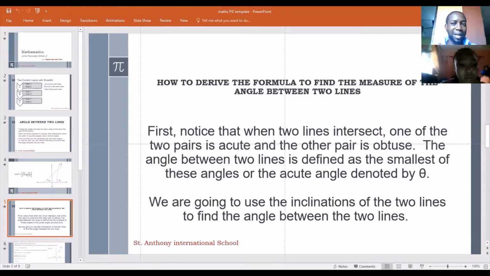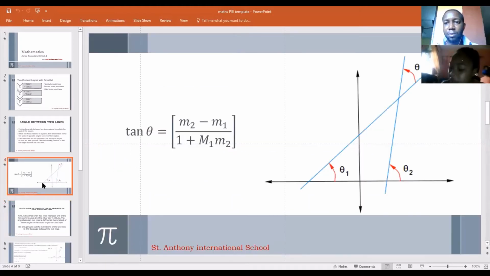What don't you understand about this particular slide? No, the other one, the diagram where you said that one looks like an acute but is not an acute but an obtuse.